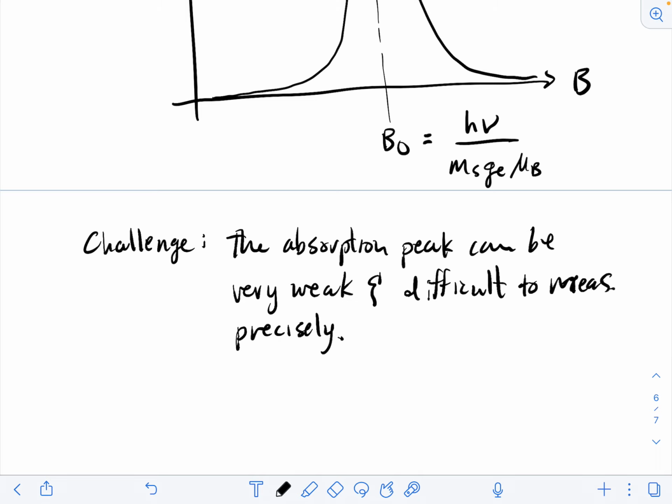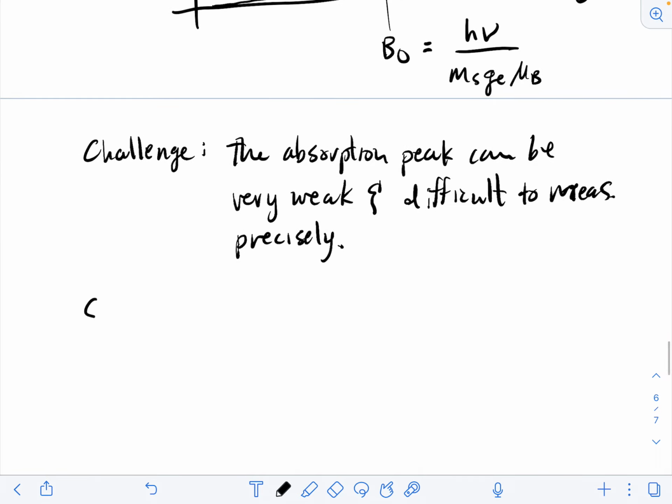So what we'd like to do is take advantage of the sensitivity of lock-in detection, so we're just going to make a slight modification to how we do the experiment. We'd like to use lock-in detection, which is a very sensitive technique.